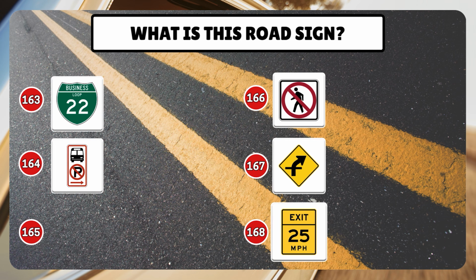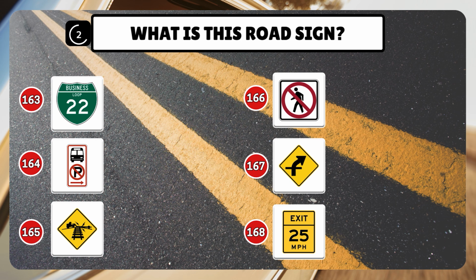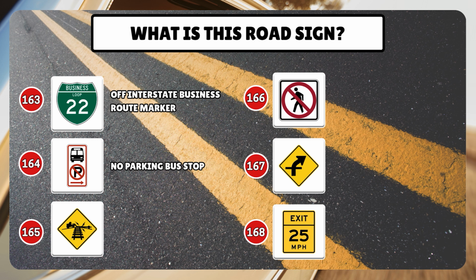Which traffic sign do you see? That is an off-interstate business route marker sign. Good observation. That is a no parking bus stop sign. That is a low ground clearance crossing sign.